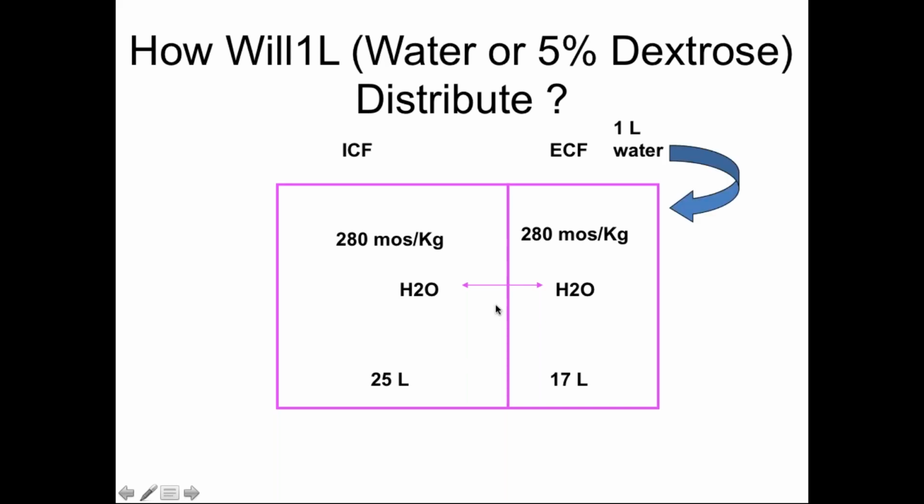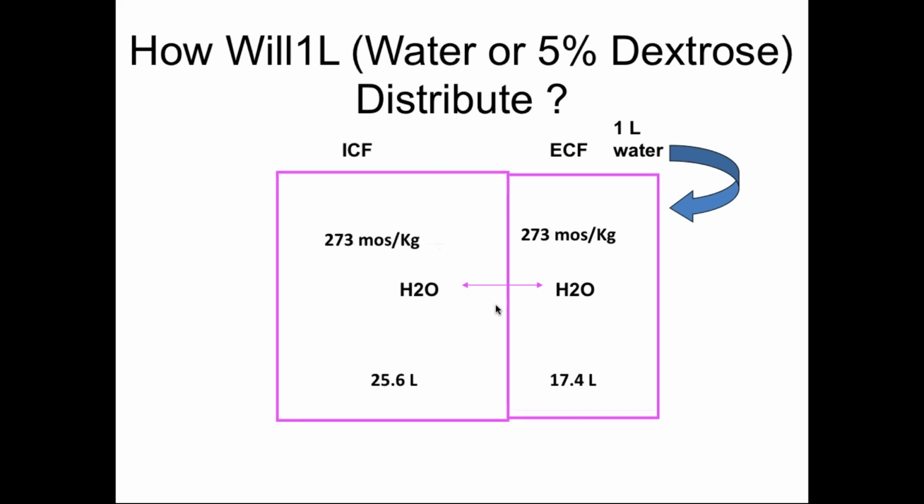Now when we add 1 liter of water, whether oral water or 5% dextrose, the dextrose is taken up by the cells and metabolized, so the free water is left. So how does that distribute?